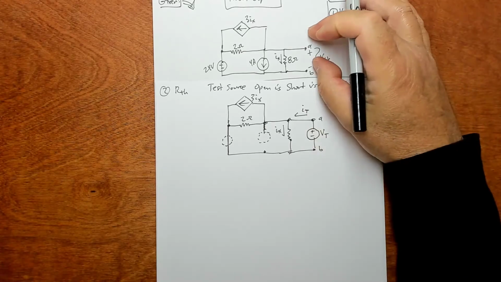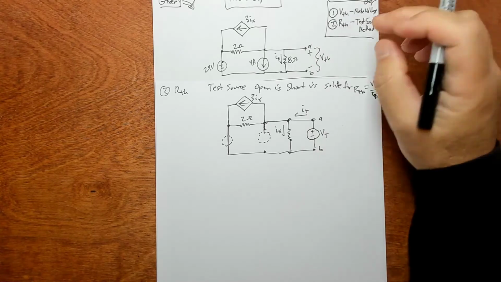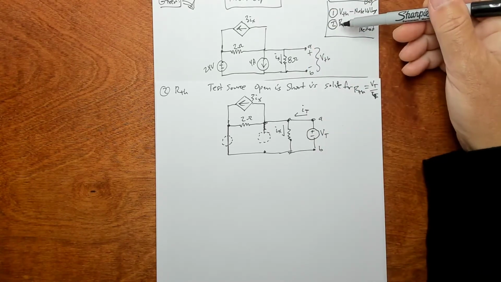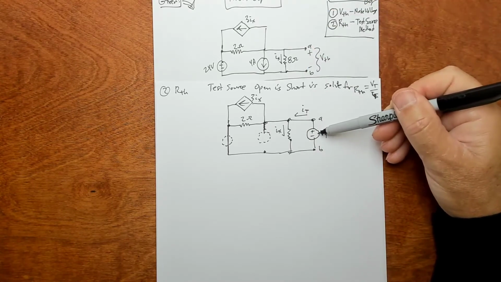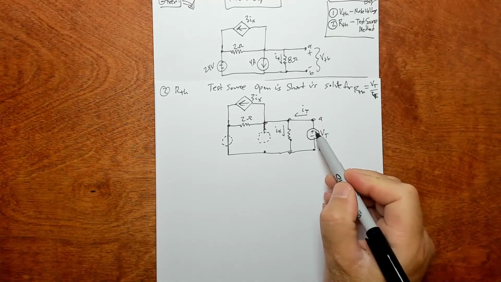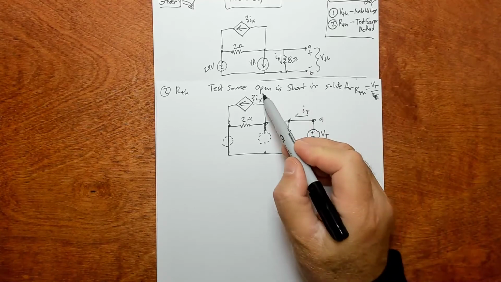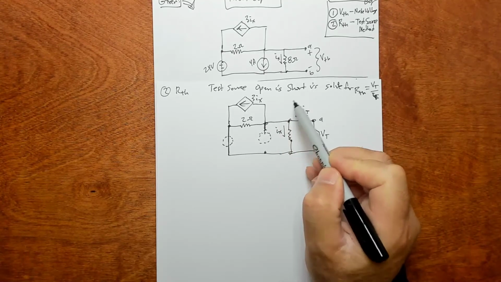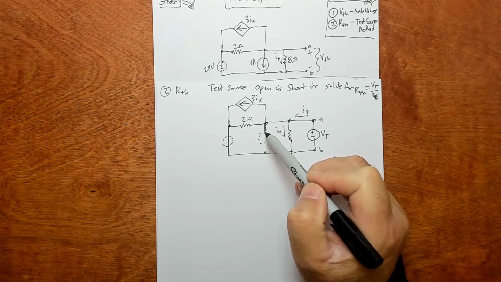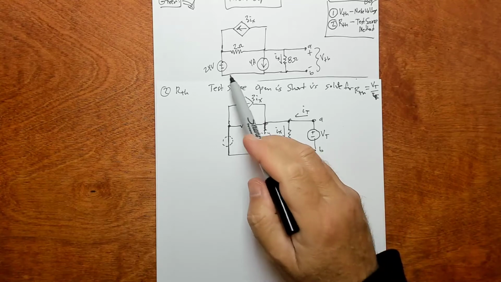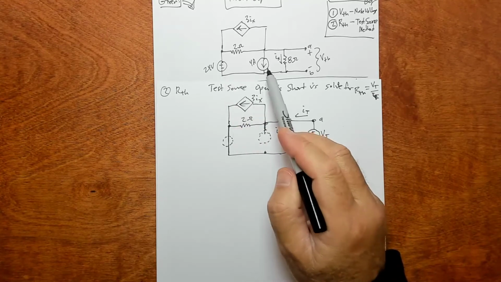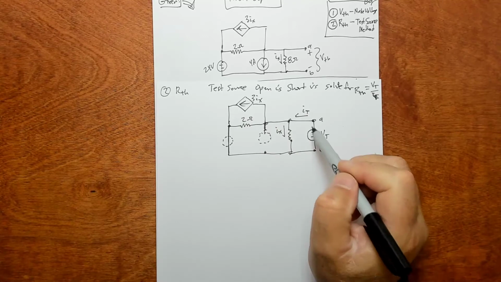So I took the original circuit for process 2 here and attached a test source. And you do that, you attach a test source, which is going to have V sub test and I sub test. And then you open the I's and short the V's for the circles, that is for the dependent voltage and current sources. So I shorted this voltage source and I opened this current source and I end up with something that looks like this.